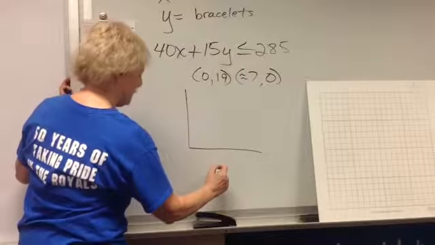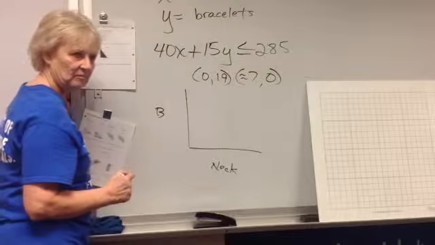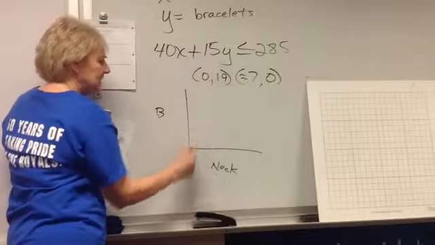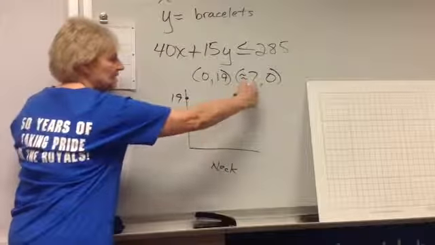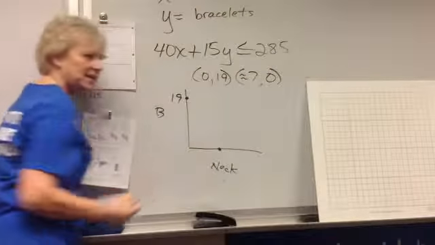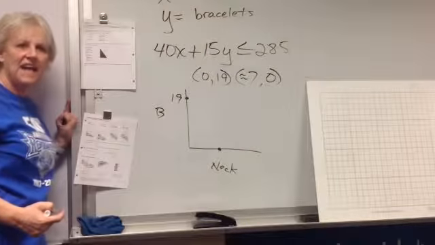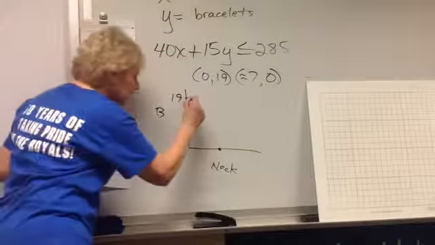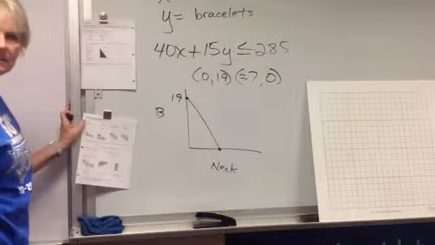All right, here's our necklaces, and here's our bracelets. 0, 19. Let's just say that's 19 right there. And 7, 0. Let's pretend it's right there. Solid line or dashed? Solid. This side or the right side? Bottom.